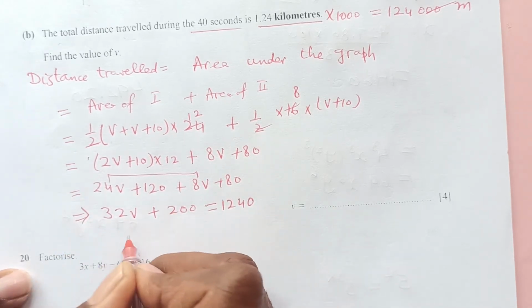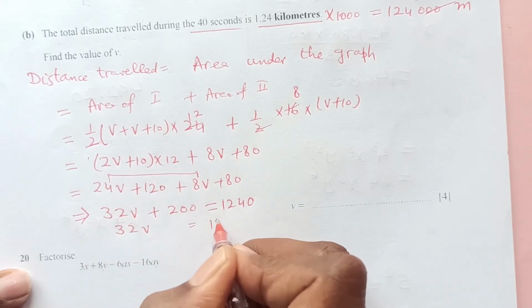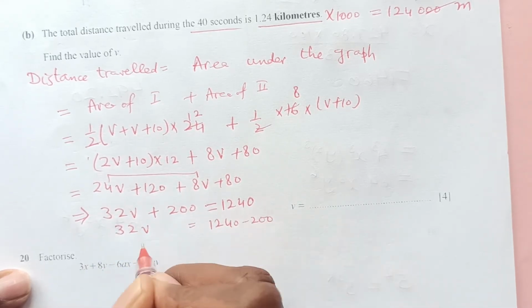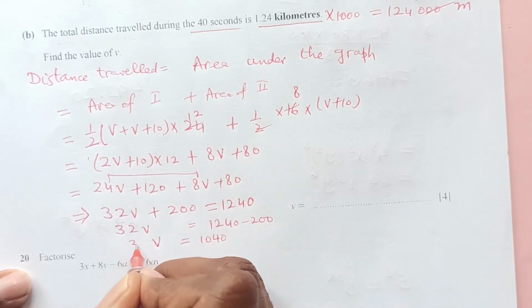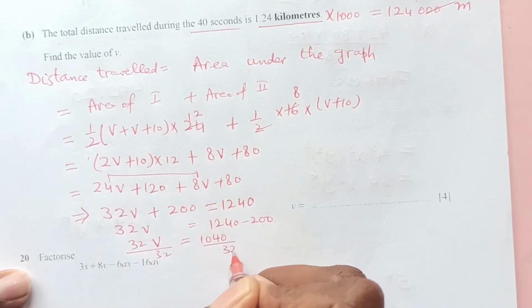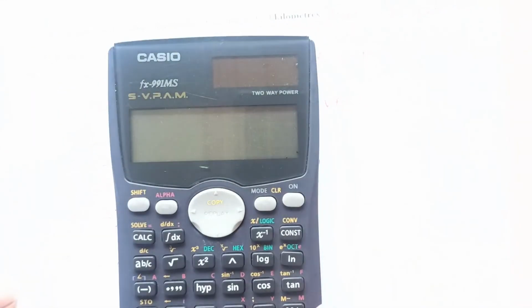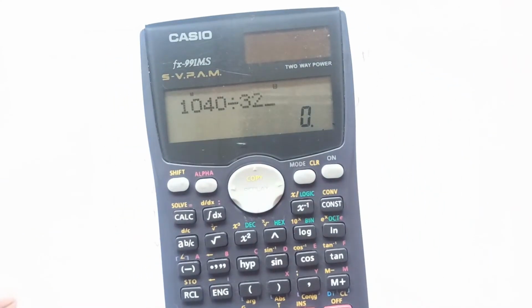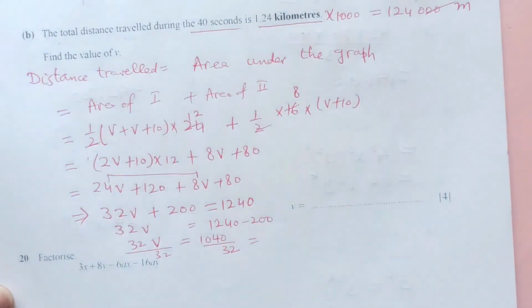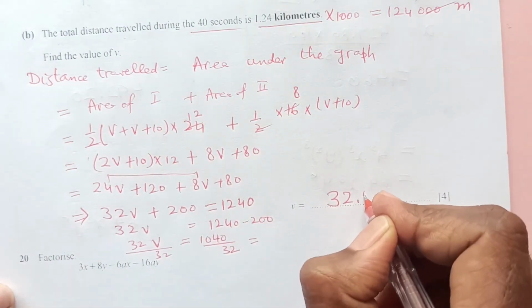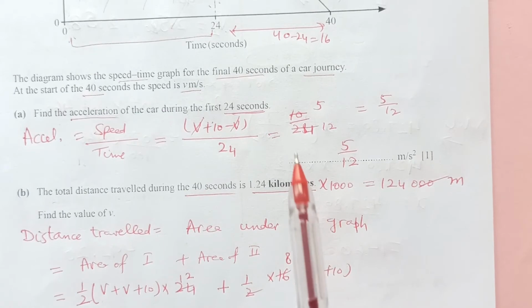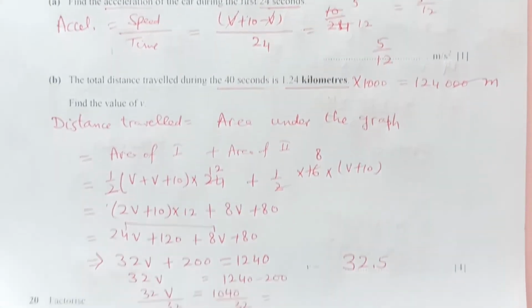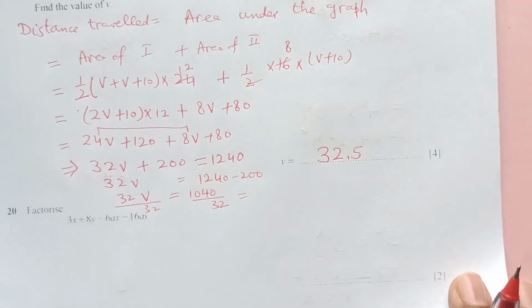So now we can calculate v from here. 32v equals 1240 minus 200, which is 1040, divided by 32. 1040 divided by 32 is 32.5. So the value of v is 32.5. Okay, this is a 4 marks question, so don't get confused, do all the things step by step, and you will find your correct answer.